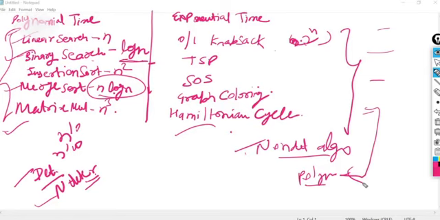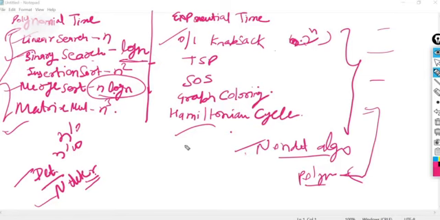Like if you are able to solve any one problem among all these exponential time problems within the polynomial time, then you can relate that problem with all the leftover problems in order to give the surety. Like if one problem that belongs to that category is solvable, then leftover problems can also be solvable. So in that case, you have to establish the relationship with all the remaining problems in this category.